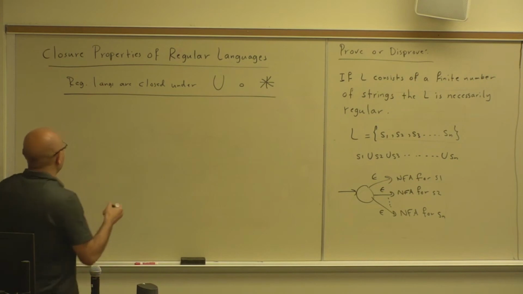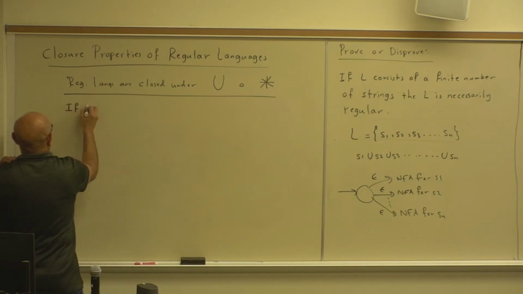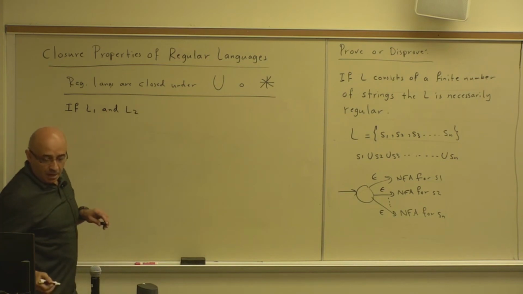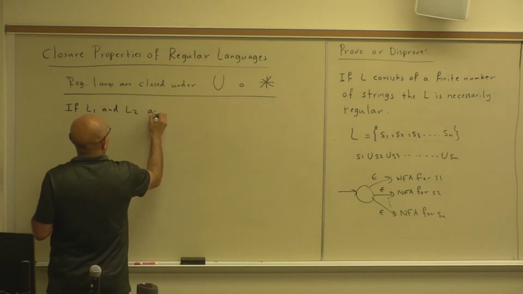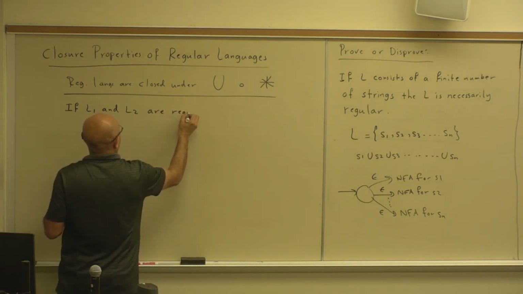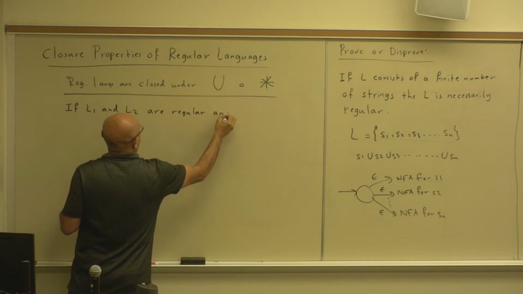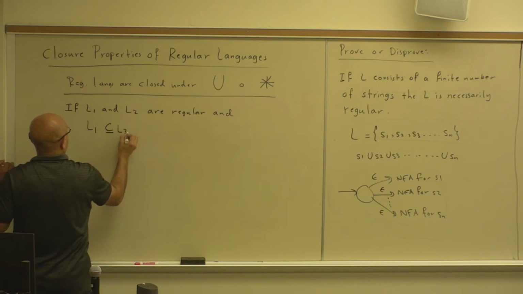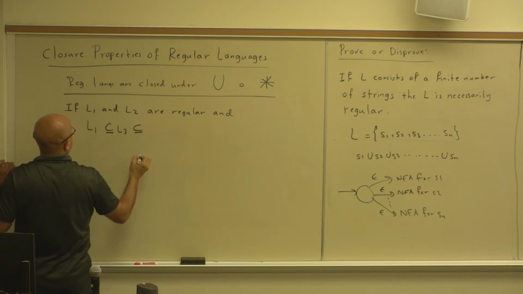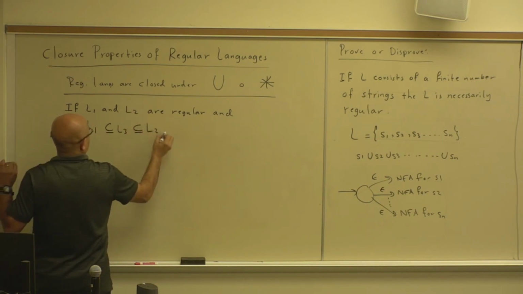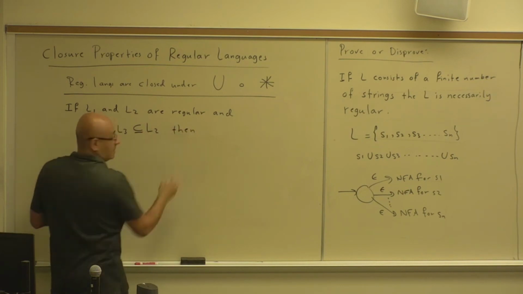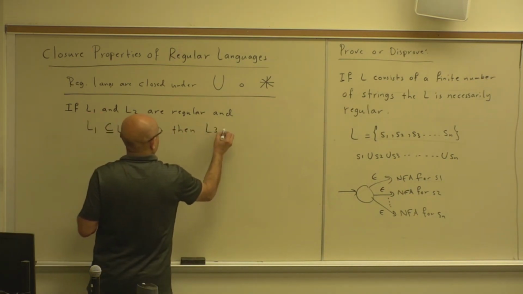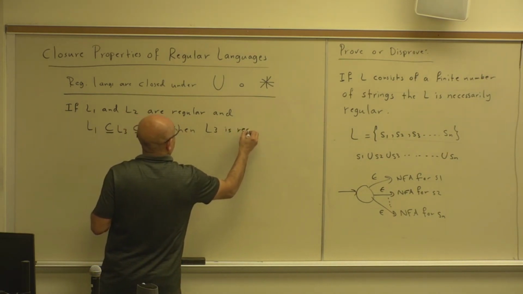So let's take another example. If L1 and L2 are regular, and L1 is a subset of L3 and L3 is a subset of L2, then L3 is regular.